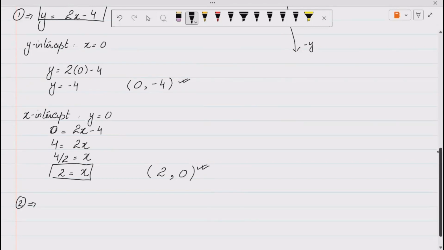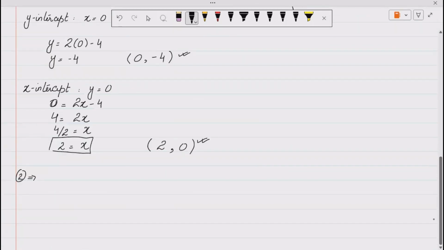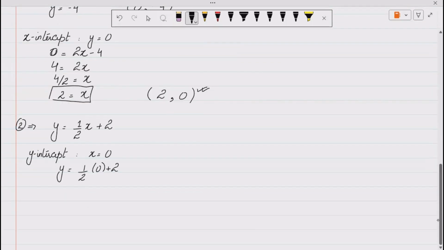So equation 2, i.e., the inverse equation, is y equals half x plus 2. Again, for the y-intercept, x is 0. So when you put x as 0 in equation 2, what do we get? Y equals 2. So the point we got is x 0, y 2.